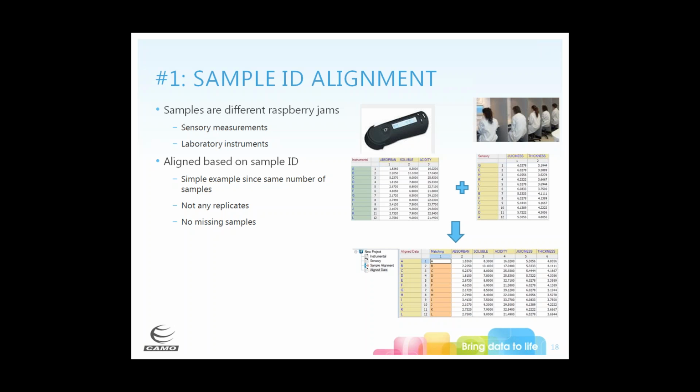So with this sample alignment, it's very easy to just say that the instrumental data takes preference. We align the sensory data such that they're aligned with the instrumental data. So the order of data here is the same as the order of data here. And that's completely up to the user how to organize the samples.